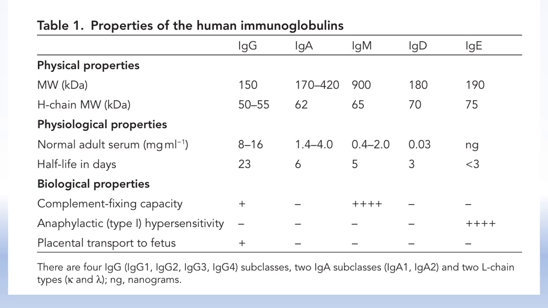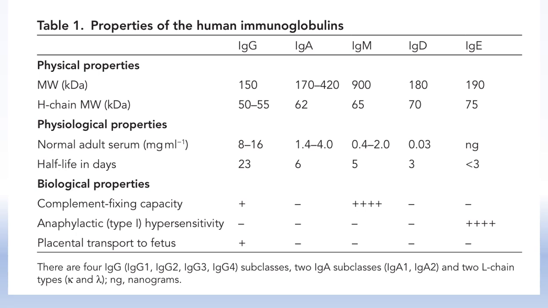H chain molecular weight in kilodalton, IgG 50 to 55, IgA 62, IgM 65, IgD 70, and IgE 75. Physiological properties: normal adult serum in milligram per milliliter, IgG 8 to 16, IgA 1.4 to 4, IgM 0.4 to 2, IgD 0.03, and IgE is in nanograms.